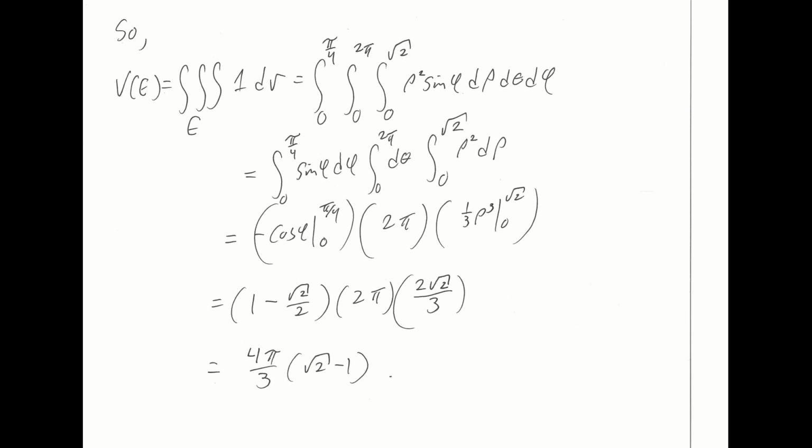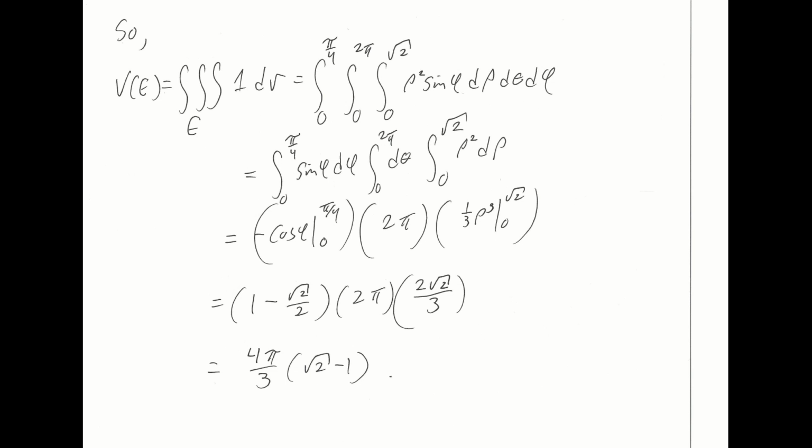I introduced the factor of rho squared sine of phi by moving into spherical coordinates here. All my limits of integration are constant. My integrand factors nicely as three functions, each of which depends only on one of the variables. My function with respect to phi is sine of phi. With respect to theta, I have the constant function 1, and for the variable rho, I have the function rho squared.